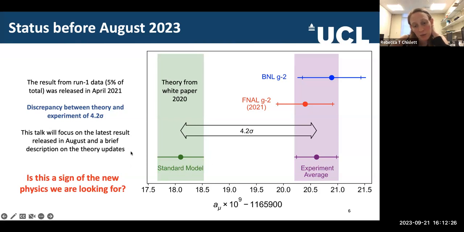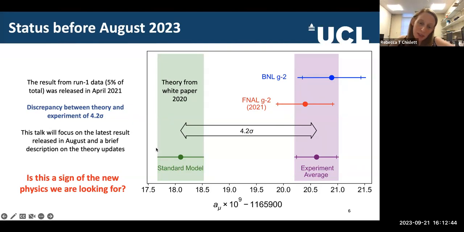You can see that the prediction disagreed with our experimental result at a level of 4.2 sigma. So this was intriguing and also backed up the discrepancy that Brookhaven had measured 20 years ago.